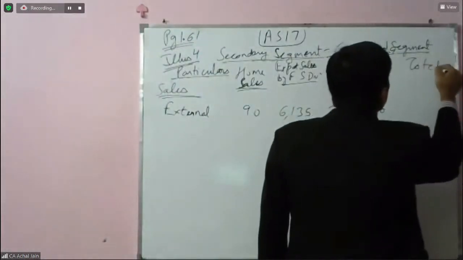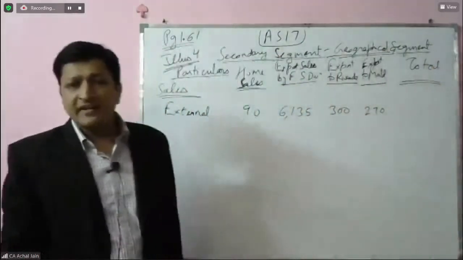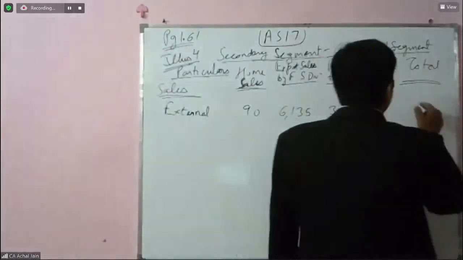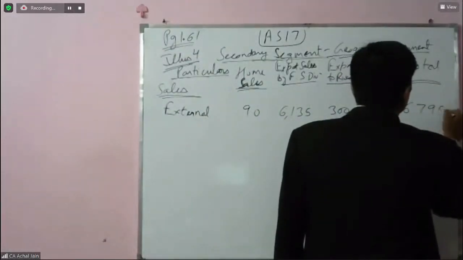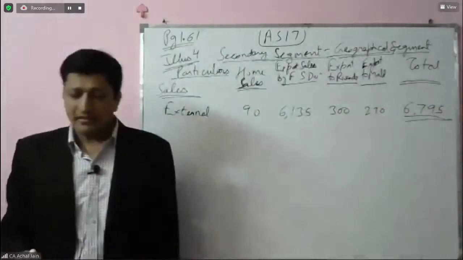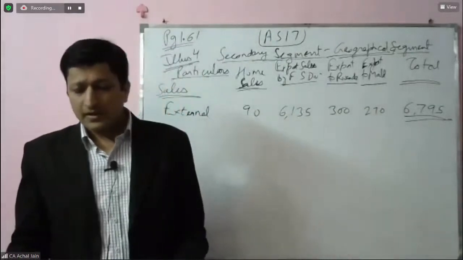So total sales, the consolidated amount. Do we have that? Yes. It's 679. Okay.